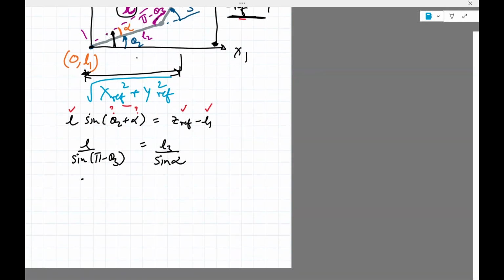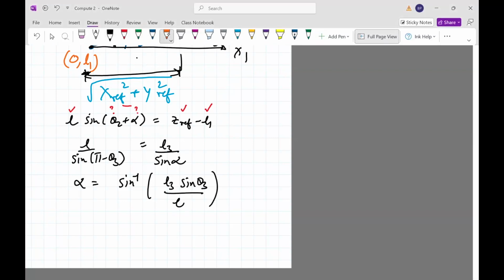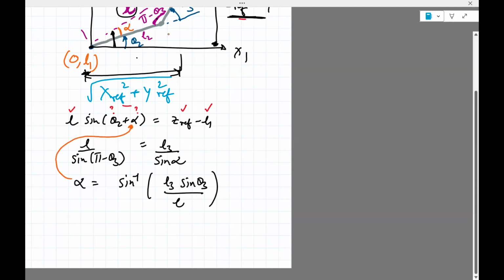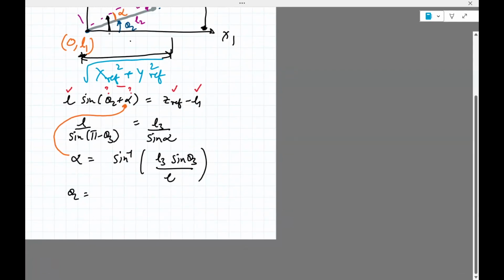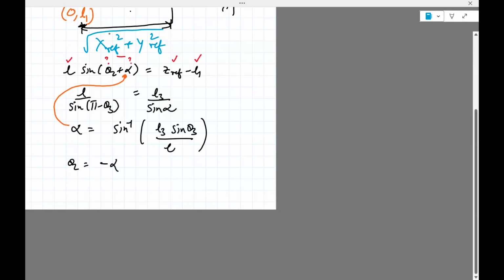So alpha equals sine inverse of L3 sine theta 3 divided by L. And once I get this alpha, it goes in here, and then I can compute theta 2 as minus alpha plus sine inverse of (z ref minus L1) divided by L.